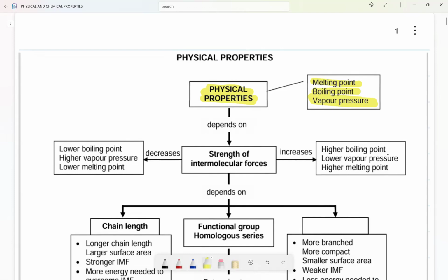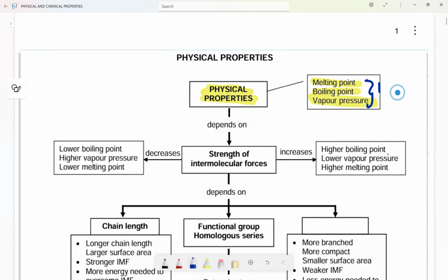The physical properties we're going to be dealing with, as I've mentioned, are melting point, boiling point, and vapor pressure of those specific compounds that we've been discussing. We refer to these as the dependents.